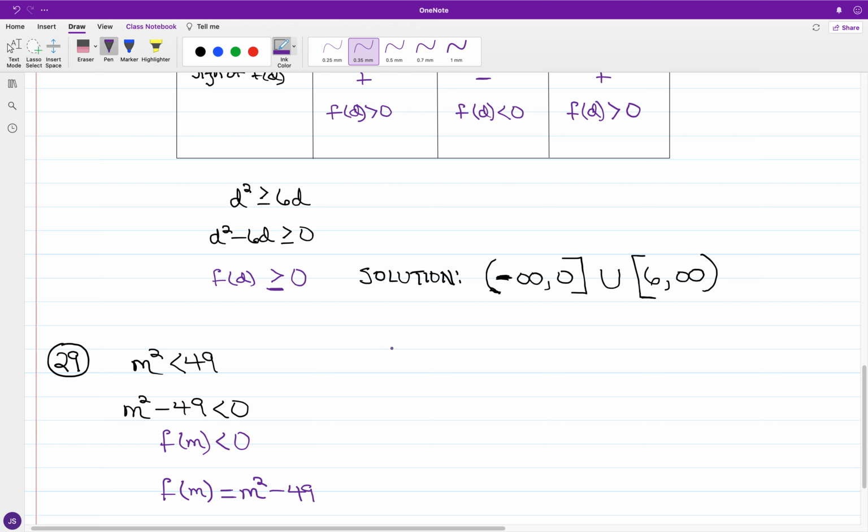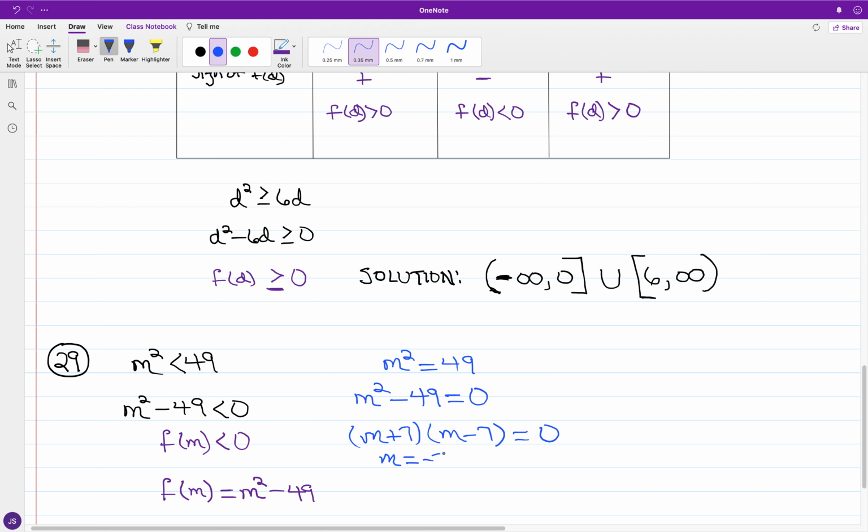So looking for the zeros, if I had m squared equal to 49, and just writing as a quadratic in standard form, you could also use the square root property of equality. So we have here, with the difference of squares, the quantity of m plus 7 times that of m minus 7 is equal to 0.